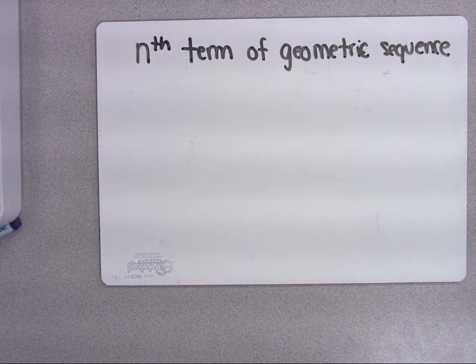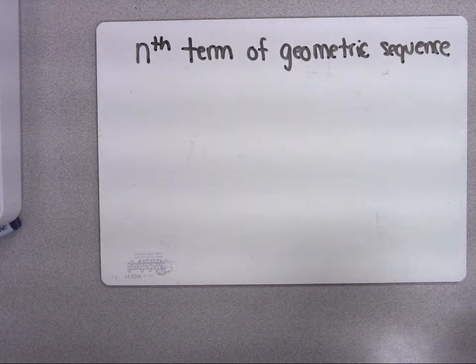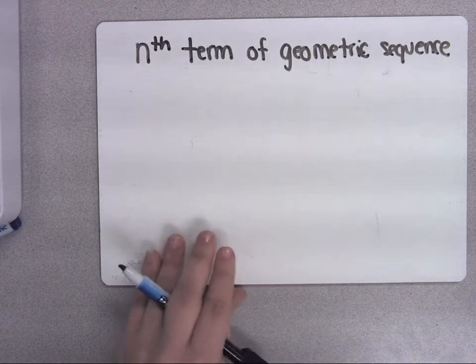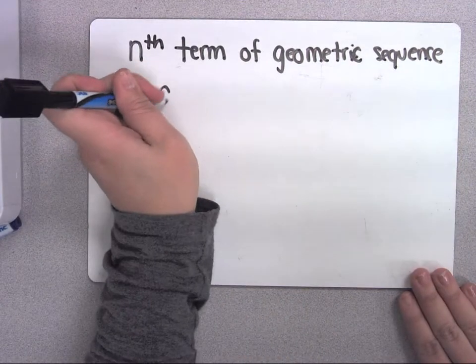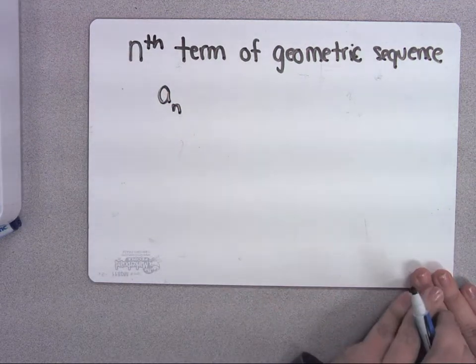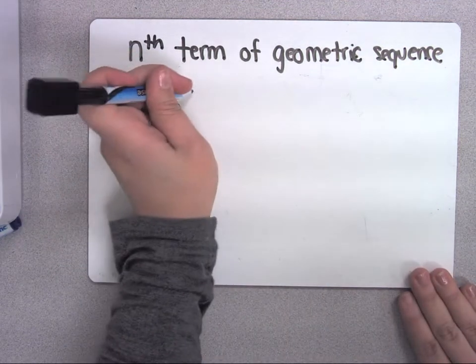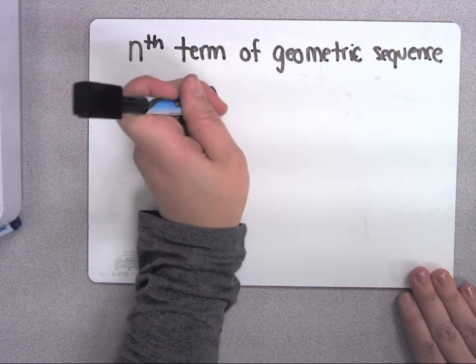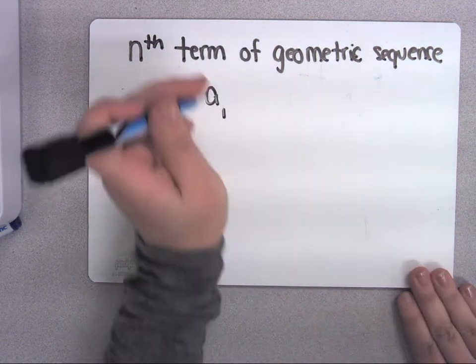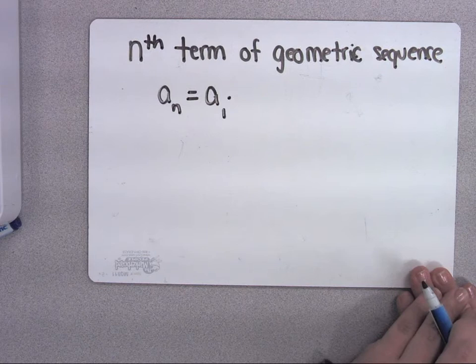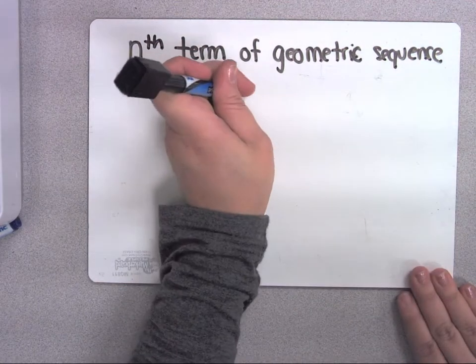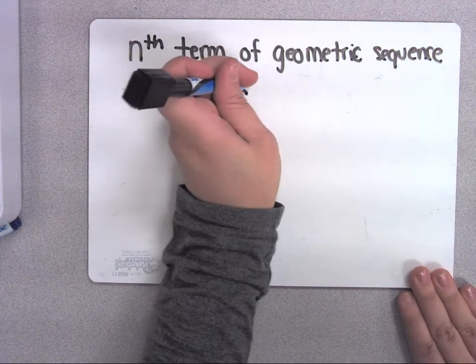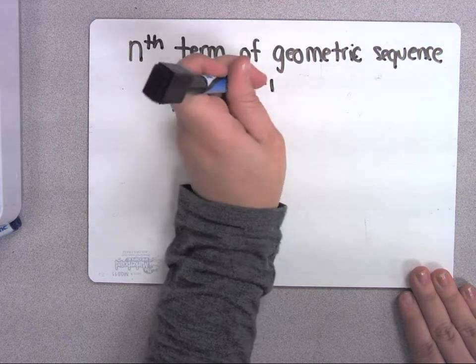Okay, here is the formula. A sub n equals A sub 1 times R to the power of n minus 1.